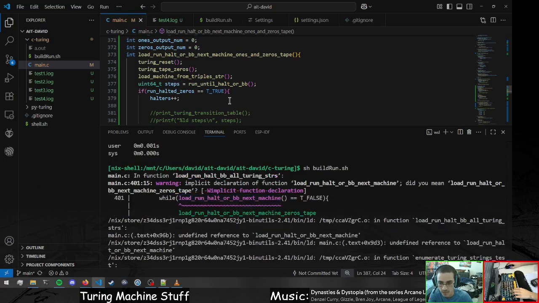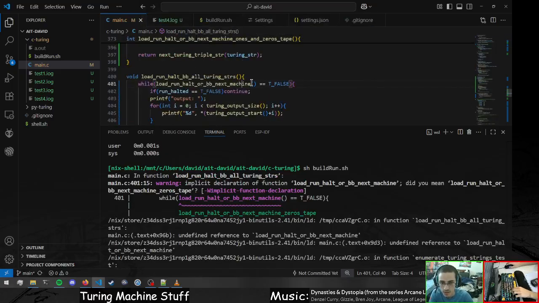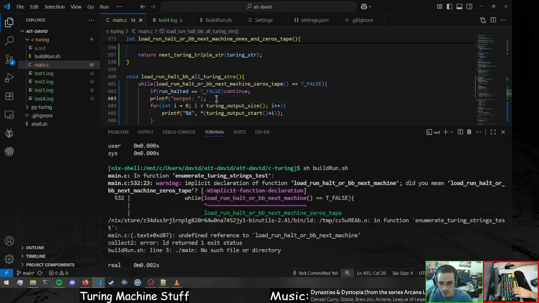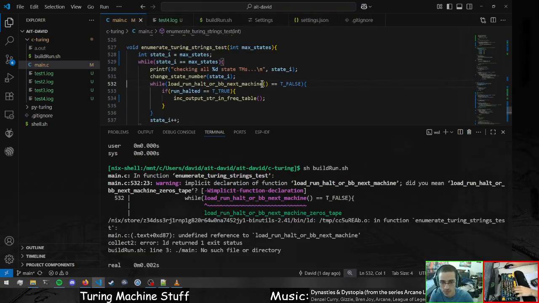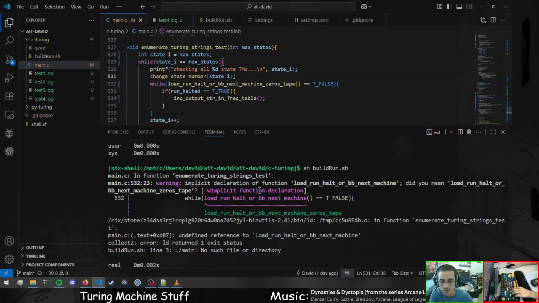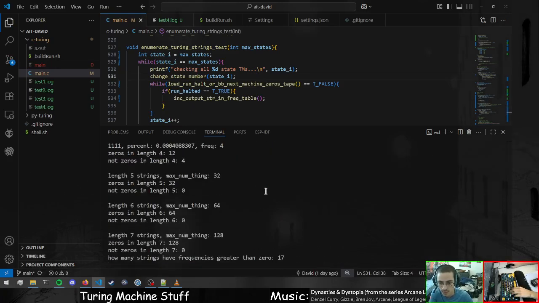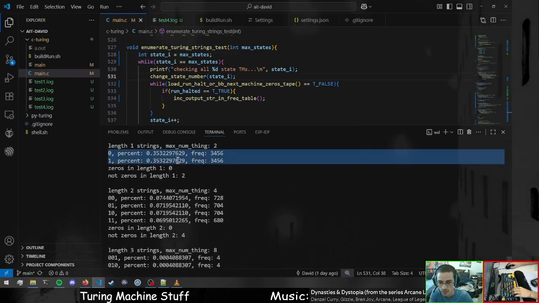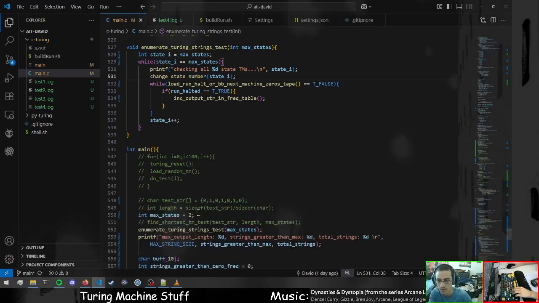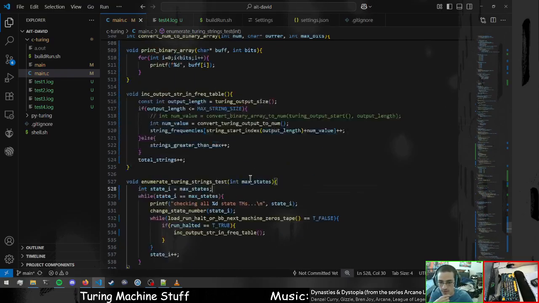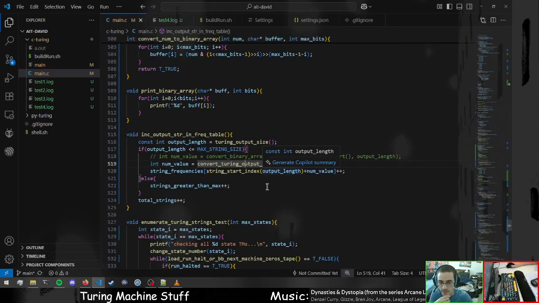So here, at 401, I used this when it probably should have been this, even though I probably don't even use that anymore. 532, there's another one. Let's do the zeros here. Okay. So this still works. Kind of. I think it still works.